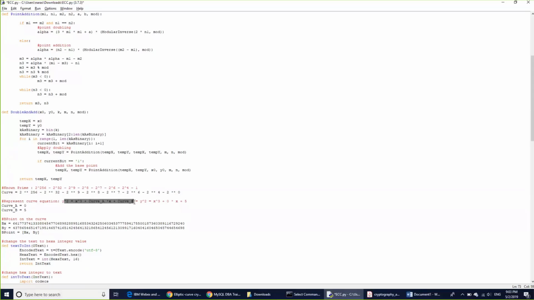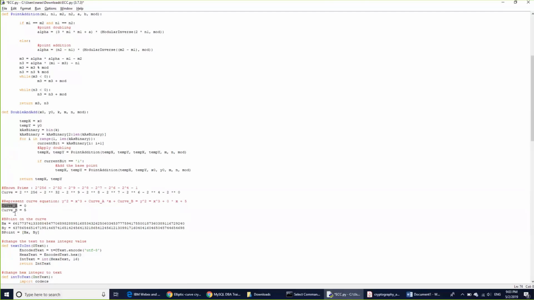So basically, we need several constant variables here. The curve is the prime number, and these are curve A and curve B, the variables on the curve.